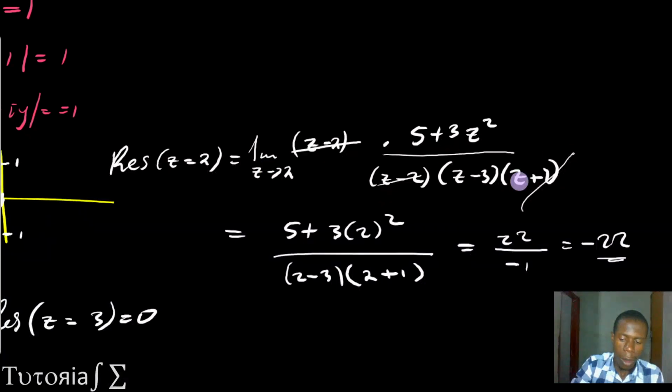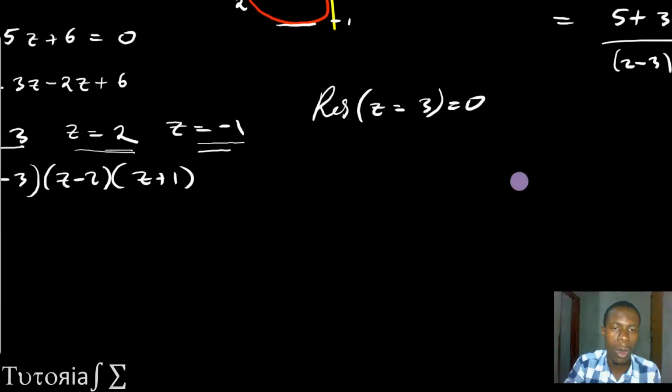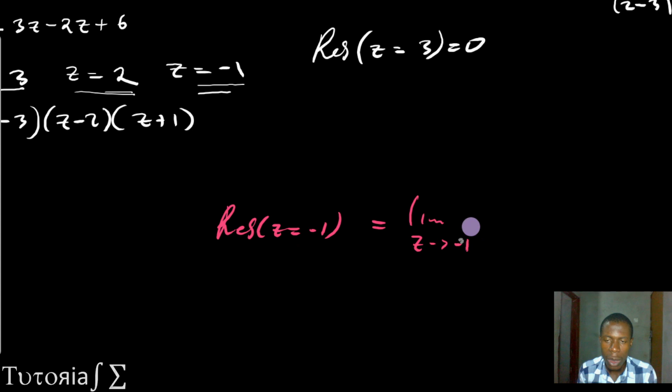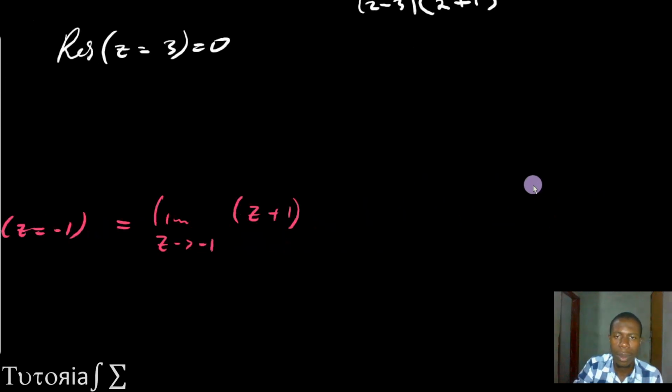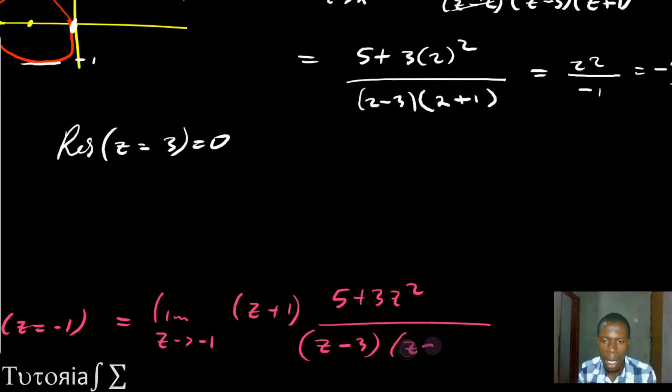Now find the residue at z equals 0. So the residue of z equals 0 is basically equal to the limit as z approaches 0 of z times the function, which is 5 plus 3z squared all over z minus 3 times z minus 2.